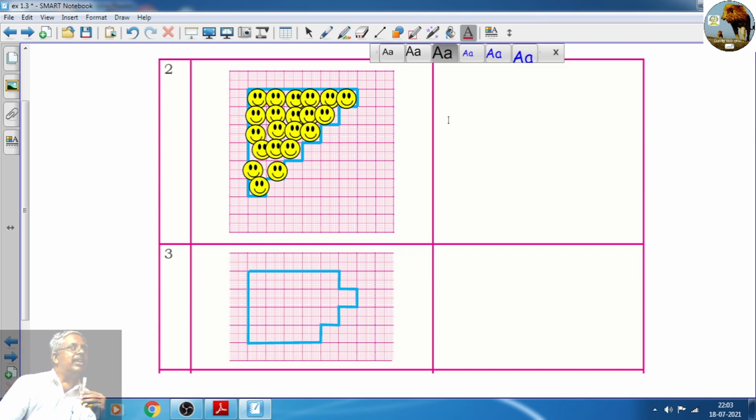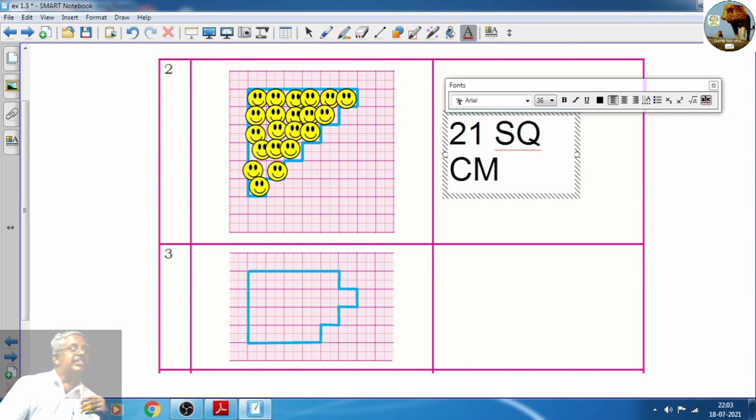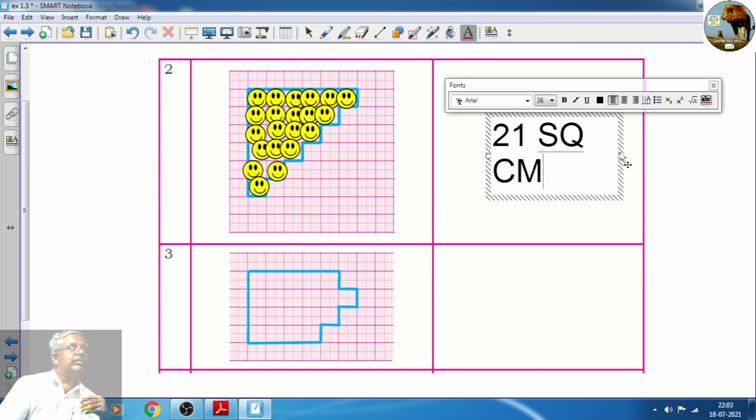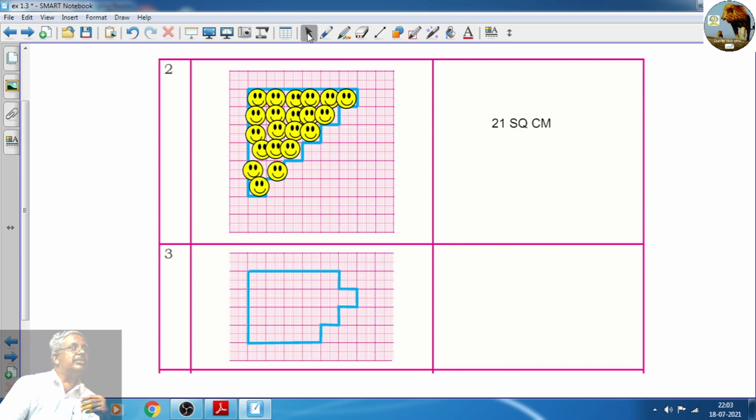Yeah, I have here, you know what? 21 square centimeter. Oh my goodness. Let me have this in a smaller size. 21 square centimeters in this figure.